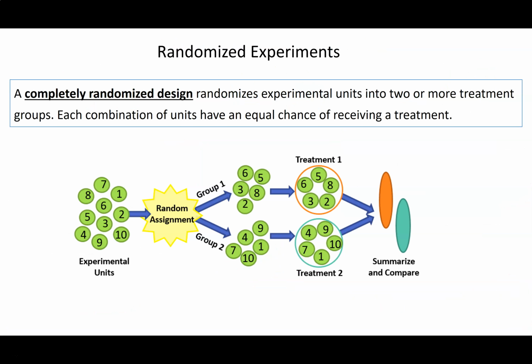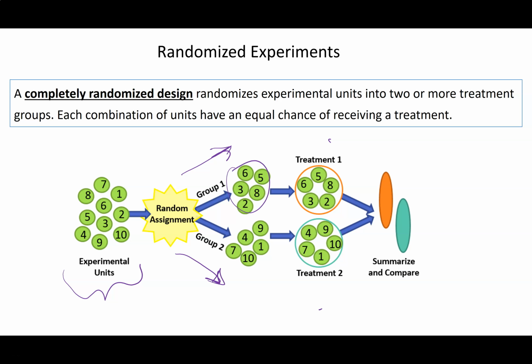So randomized experiments. The most basic one that we have is a completely randomized design. So here I have all my experimental units, and then I have two treatment groups, so treatment 1 and treatment 2. So I take these 10 experimental units, randomly select half of them to be in group 1, half to be in group 2, and then those are my treatment groups.